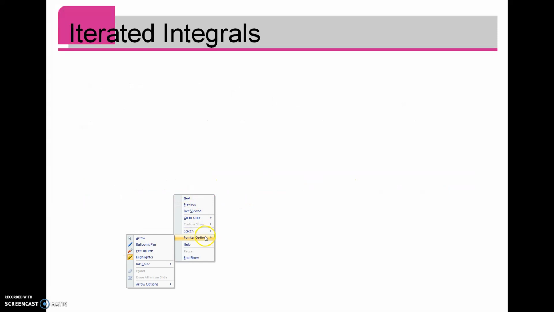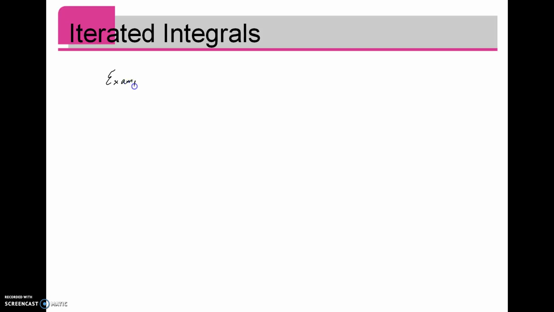Let me go ahead and get my ballpoint pen out here. And this example is based off of example number 4 in 15.1, at the bottom of the page, 993.